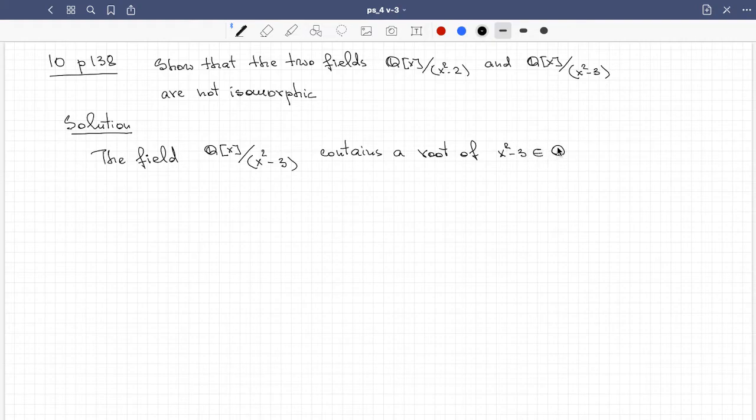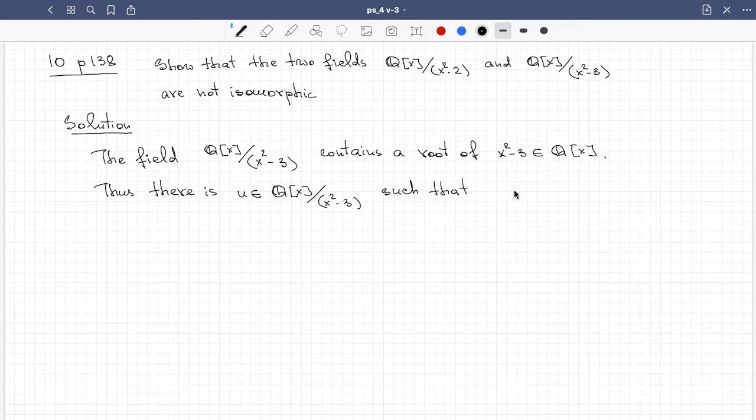Thus, there is an element of this field, call it U, such that U squared is 3, a root of the polynomial. U squared minus 3 is 0, U squared is 3.